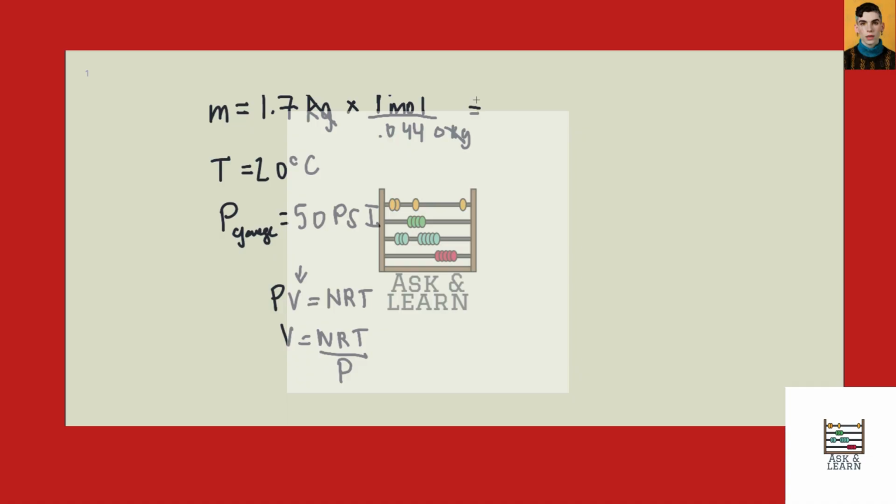Let me do this calculation real quick: 1.7 divided by 0.044. You get 38.6 moles. I originally did it slightly differently, so I just wanted to double check my calculation. 38.6 moles.